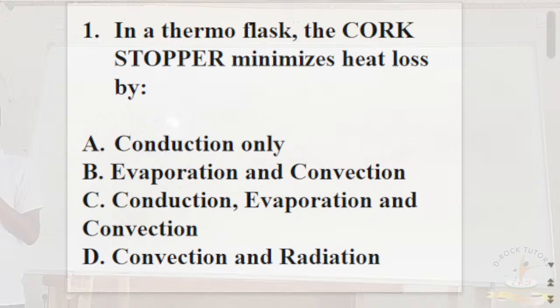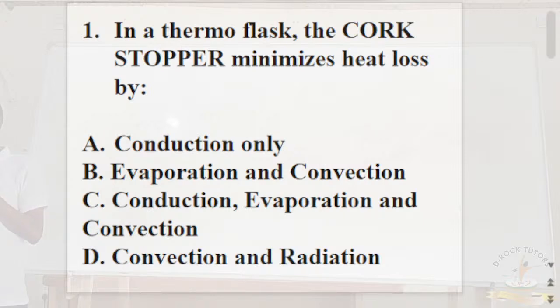So if you put the three of them together and we take a look at the options, we can see that the correct answer would be option C. The cork stopper minimizes heat loss by conduction, by evaporation, and by convection. So what about the other parts of a vacuum flask? A vacuum flask has two walls, the outside wall and the internal wall, and there's a vacuum in between.